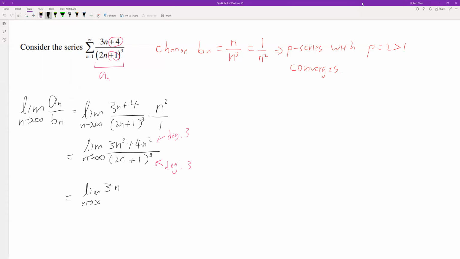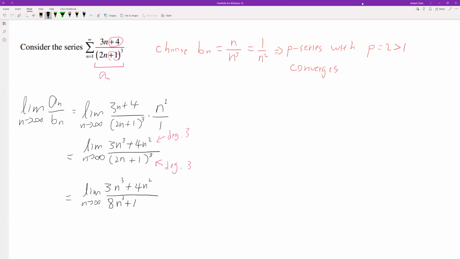So actually, let me do one more step. 3n cubed plus 4n squared over, and I'm going to expand the denominator. All I care about is the first term, I know it's 8n to the third power. Actually, I know the rest.